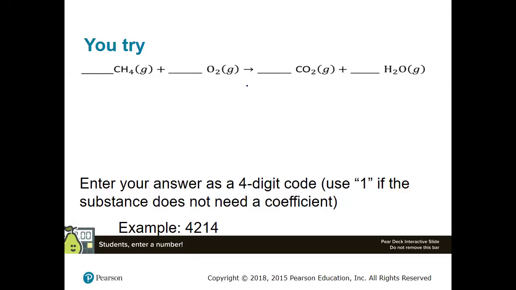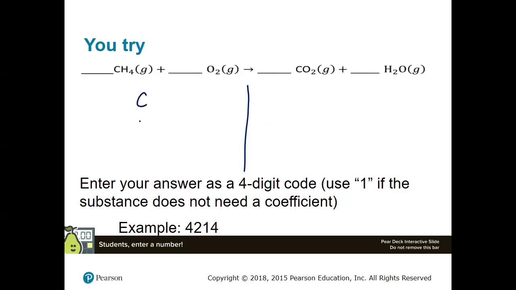And so we're going to set this up. I've got methane reacting with oxygen to make carbon dioxide and water. Based off the skeleton of this, immediately your brain should be going combustion, because I've got oxygen reacting, and I've got carbon dioxide and water as products. Those are the hallmarks of combustion.